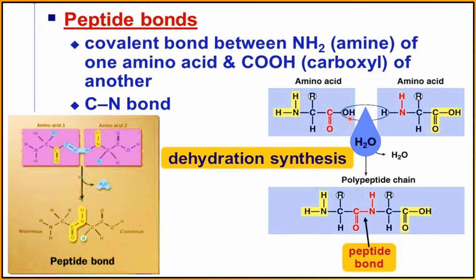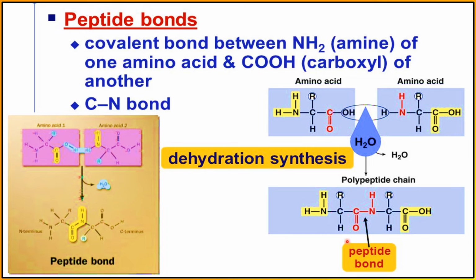So we pull the OH off of one end of one amino acid, and we pull the H off of the opposite end of an adjacent amino acid. That's your H2O, there's your water, and there it goes. And now we can hook these together because we have an open linkage there, and that's your peptide bond.